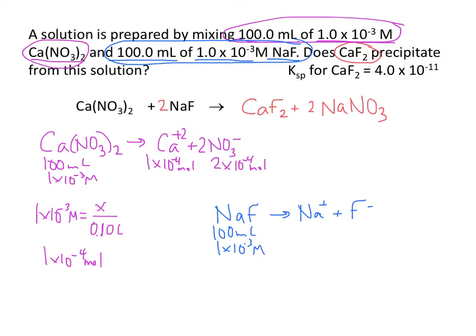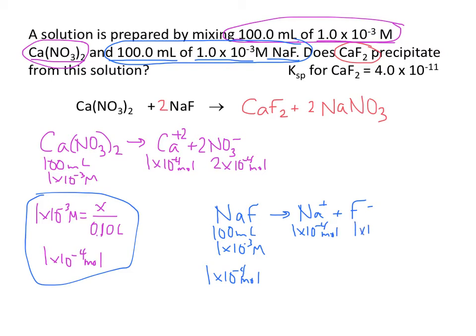If you multiply it exactly the same way, you'll end up with 1 times 10 to the negative fourth moles of sodium fluoride in the beaker. Since it's a 1-to-1-to-1 ratio, that's 1 times 10 to the negative fourth moles of sodium and 1 times 10 to the negative fourth moles of fluoride ion. So that's what's in my two beakers originally before I pour them together.